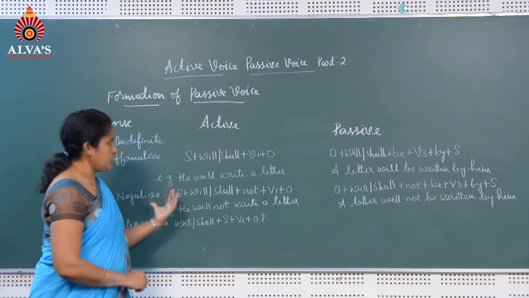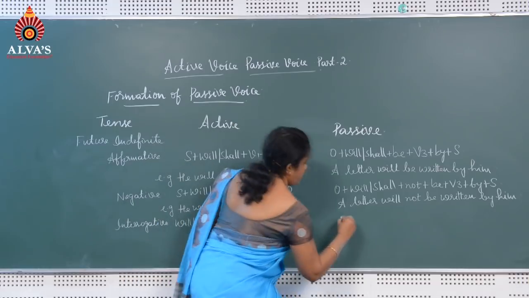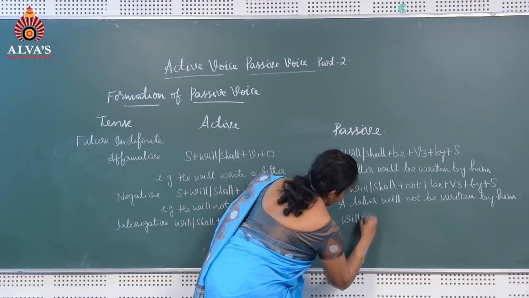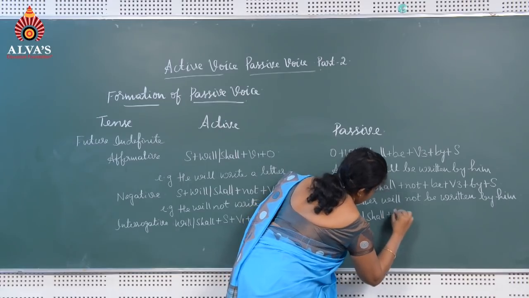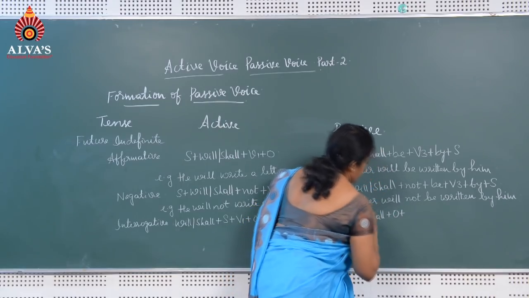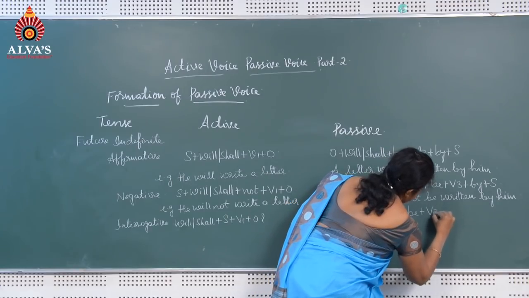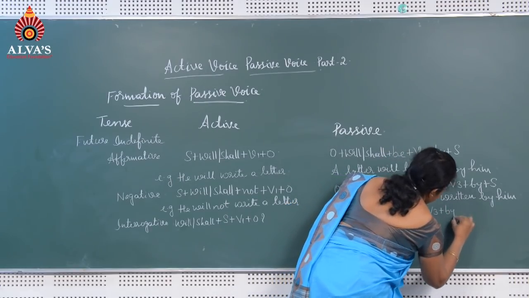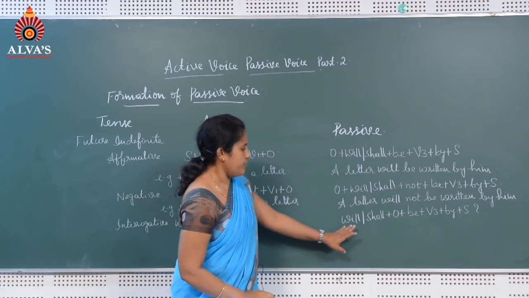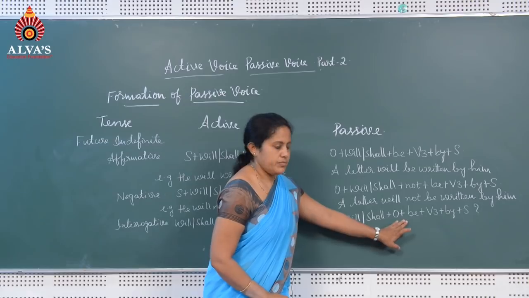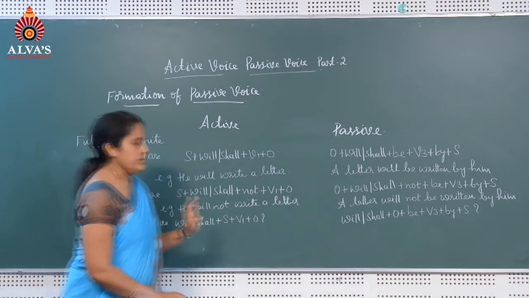See, when we change from active to passive, the formula is will or shall plus object plus be plus V3 form plus by plus subject question mark.